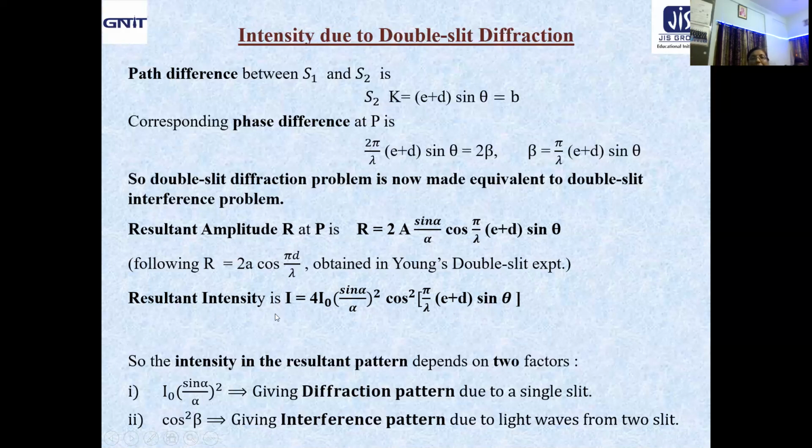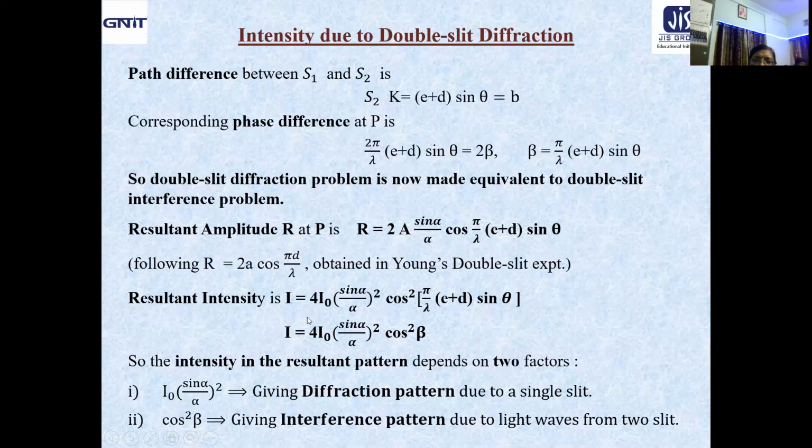So the resultant intensity is I equals 4I0 sine squared alpha by alpha squared cos squared beta, because we already expressed beta equals pi by lambda into (e plus d) sine theta.